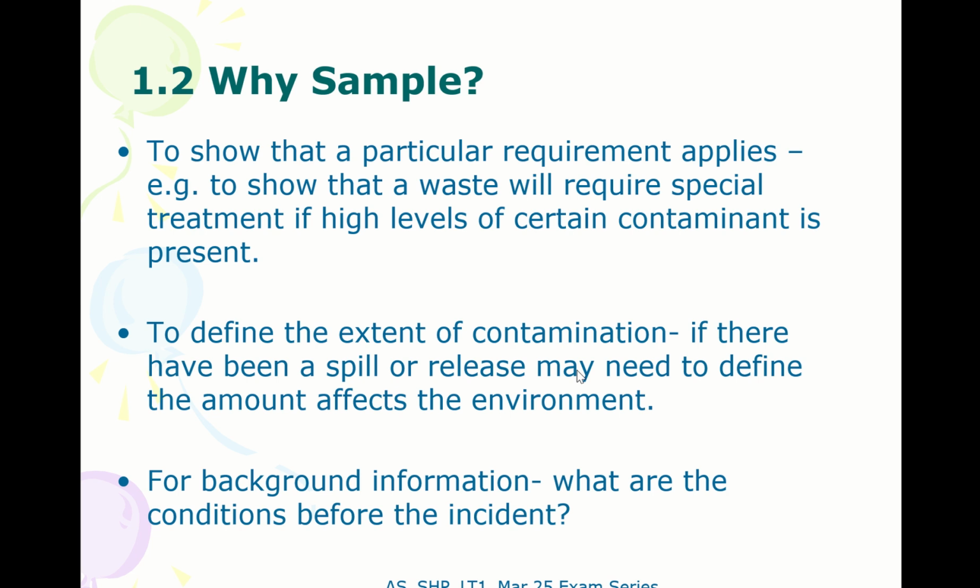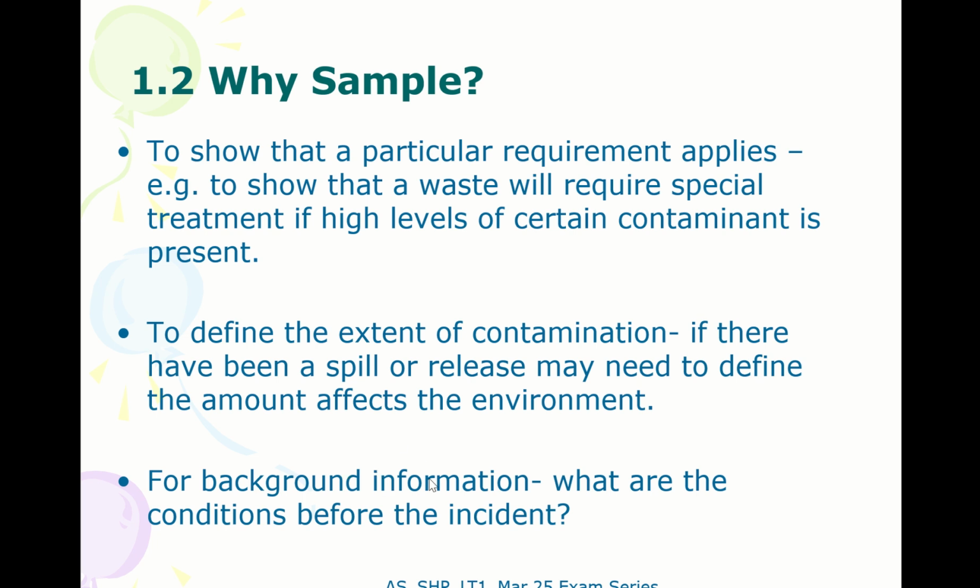Extent of contamination. So already something happened and there's a spill, okay, there's a release to the environment. So I need to check, okay, is this contamination bad or not? So how do I know whether it is bad or not? I have to collect a sample from that contaminated area and go and test it. Okay, or you just have background information.